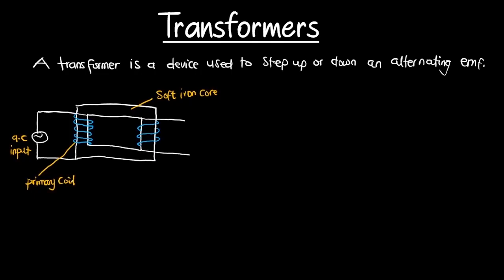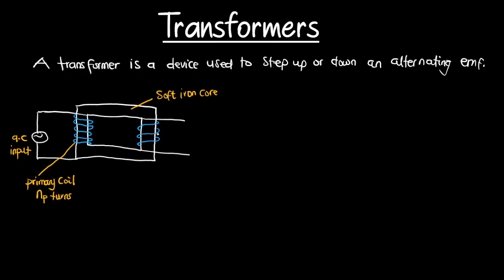Now you can see that the coil is wrapped around the soft iron core a number of times. That is what we call the number of coils, or the number of turns. So we use N subscript P to represent that, the number of primary turns. So we say this is NP turns.